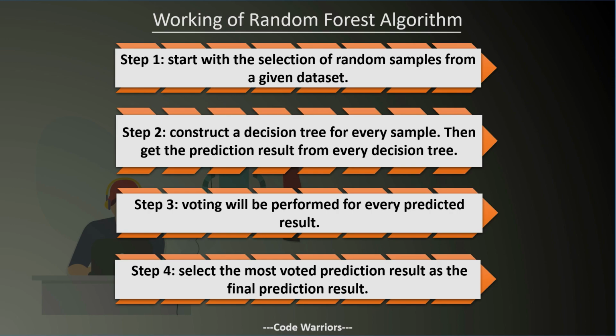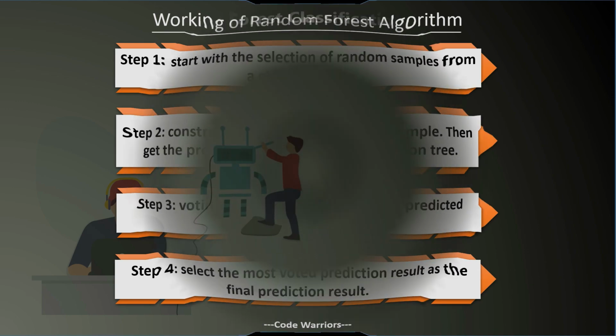In this step, we construct a decision tree for every subsample and then get the prediction result of that particular decision tree. Then in the third step, we vote on the predicted results of all the decision trees we have used in the random forest. And at the last, in the fourth step, we choose the most voted prediction result as our final prediction result. So this is how the random forest works, similar to regression.